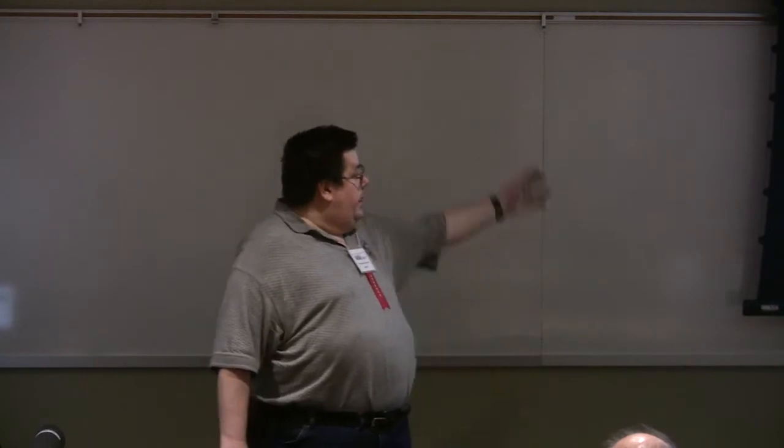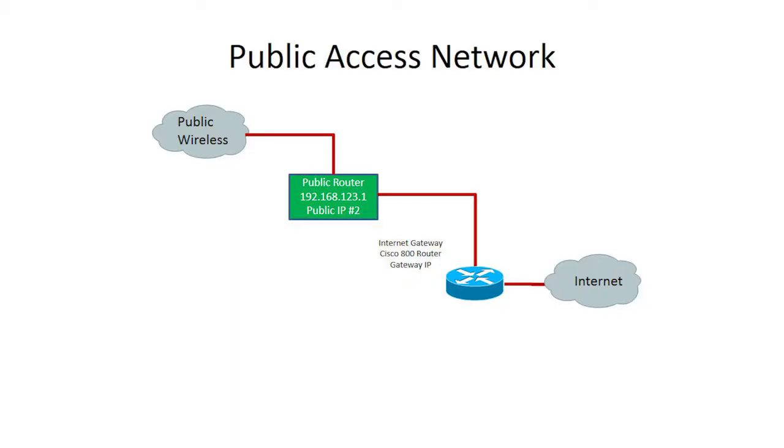So basically, here's the public Wi-Fi access system. There's a public wireless network, which is attached to the pfSense router, which is then routed through the second public IP address to the internet gateway and to the internet. And we do use some filtering.